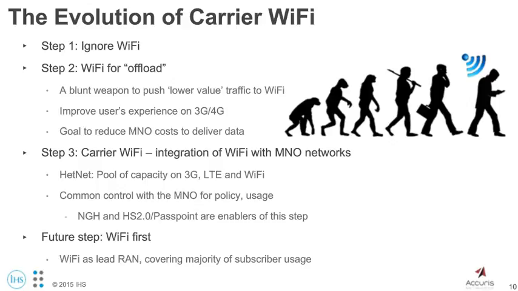How do I bring this all together so that I can provide a consistent, common experience for my subscribers, make Wi-Fi behave much more like the mobile network with automated access and control, and provide that seamless experience such that my consumer doesn't have to worry about whether they're on 2G, 3G, LTE, or Wi-Fi? That's where we are today with carrier Wi-Fi. And then the future step, Wi-Fi first.